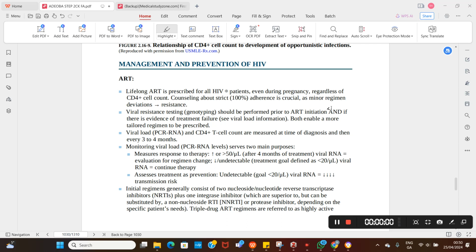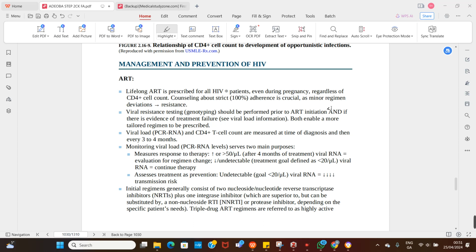Hello everyone. Today we are going to continue from where we stopped the last time, and that's on the management and the prevention of HIV. I'm just going to emphasize again that the initial regimen for the treatment of HIV is just the use of the two nucleoside/nucleotide reverse transcriptase inhibitors plus one integrase inhibitor.